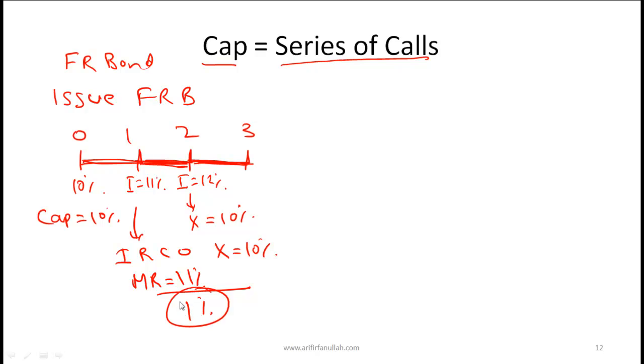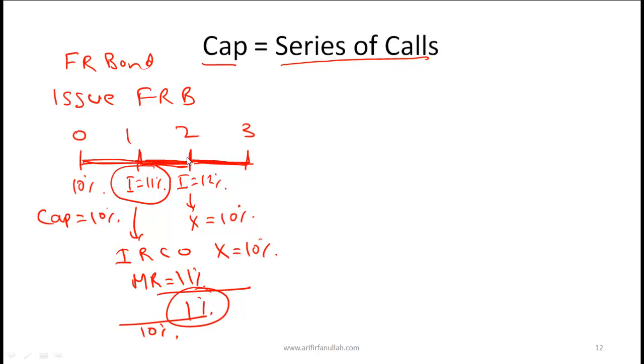So as the issuer of the bond, your floating rate payment is 11%. Your benefit is 1% because the market rate is higher than the strike price. So by owning this option, your net benefit is 1%. And when you combine your 11% cost with the 1% benefit, your overall cost then is 10%.